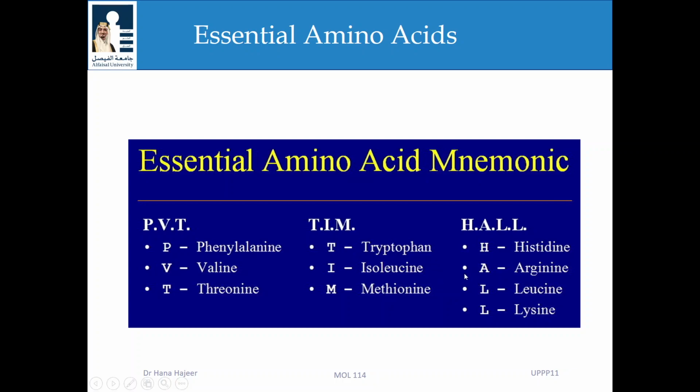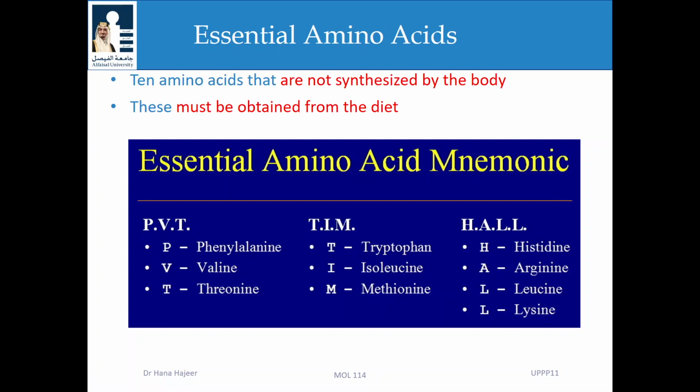Arginine, some books refer to it as semi-essential because it's only necessary during puberty and development. So during periods of active growth, when the body is actively growing, this is when you need arginine. Later in adulthood, whatever you make in the body will be enough. You don't need to get extra arginine from the diet. So this is regarding the definition of essential amino acids.